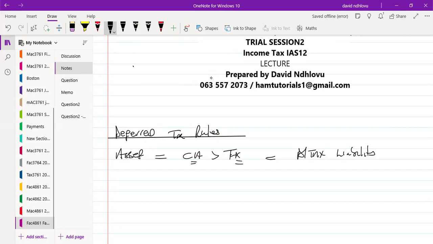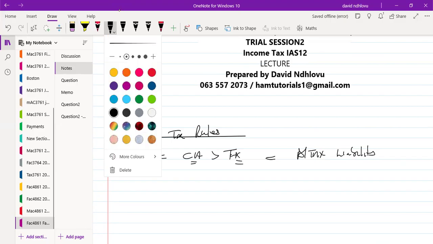Because you deducted a lesser amount, your profit for the year would be bigger, and therefore you have a bigger tax amount than what you're going to pay in taxation. I hope someone got that.